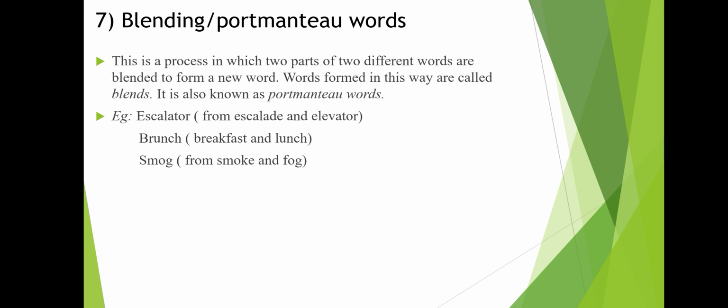The food that we take between the time of breakfast and lunch is known as brunch. Then another word, smog. It is the blending of smoke plus fog, that is smog. So that is blending or portmanteau words.